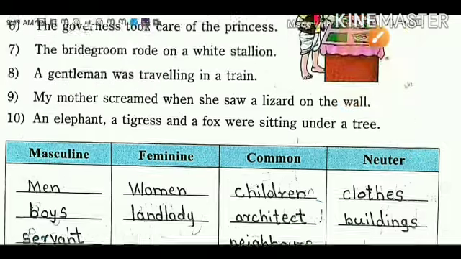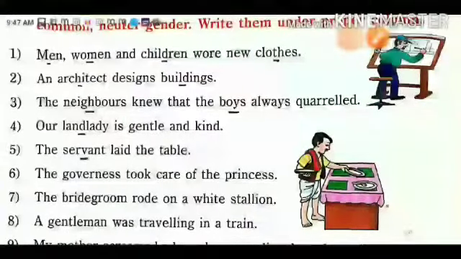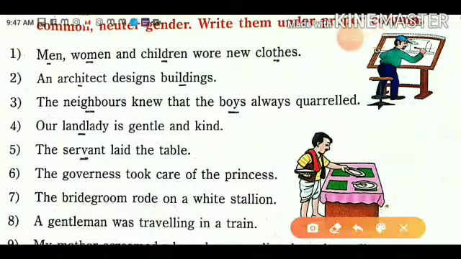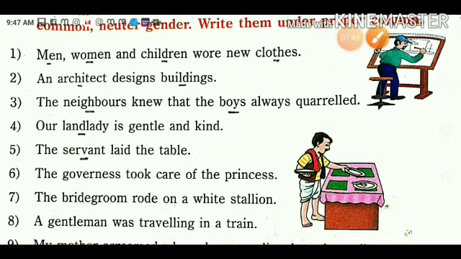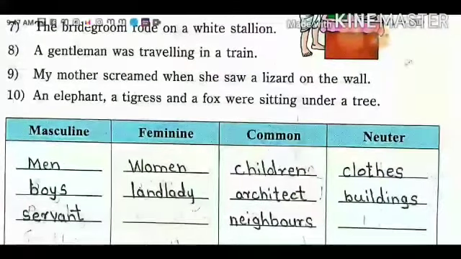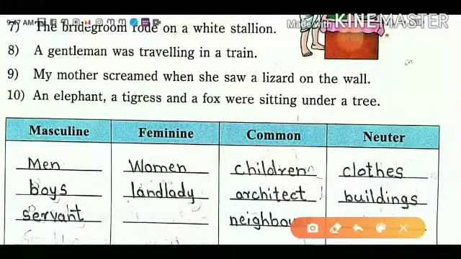Next one, fourth number: our landlady is gentle and kind. Landlady is feminine, lady means female, so it is feminine, and we have used landlady in the feminine gender column like this.